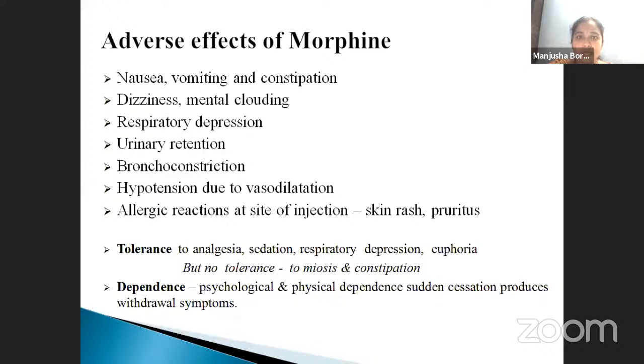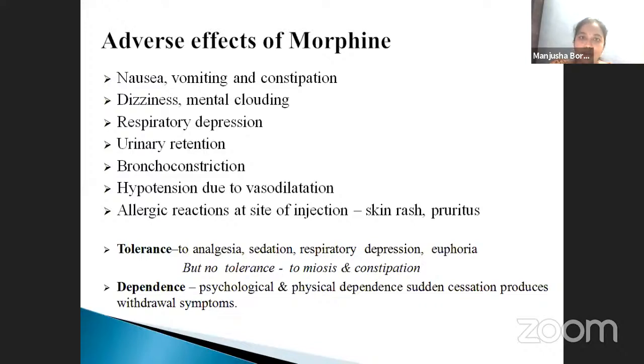Hypotension occurs due to vasodilatation, and morphine is responsible for releasing histamine, so allergic reactions at the site of injection, such as skin rash and pruritus, are more common. In rare cases, IV administration may cause anaphylactic shock also.